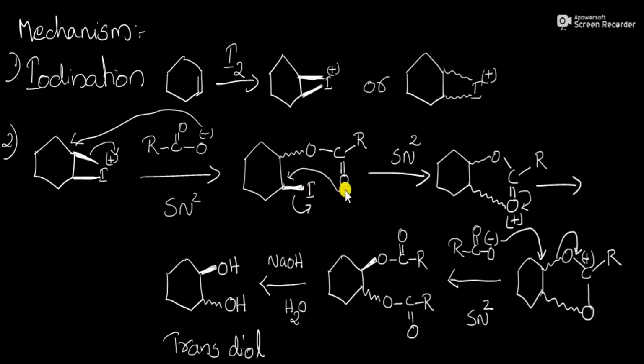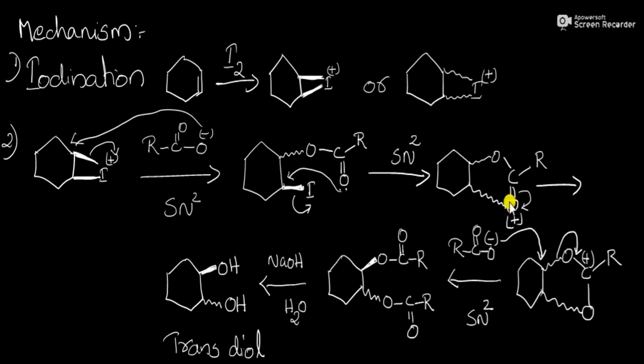That is, the lone pair of electrons present in C double bond O will attack on carbon and iodine getting eliminated as I minus. Then what will be the product? Here this attack is also SN2, so it will attack through sterically free phase, which means it will attack through lower phase. Then we get a product like this. Here both the groups are in lower phase.